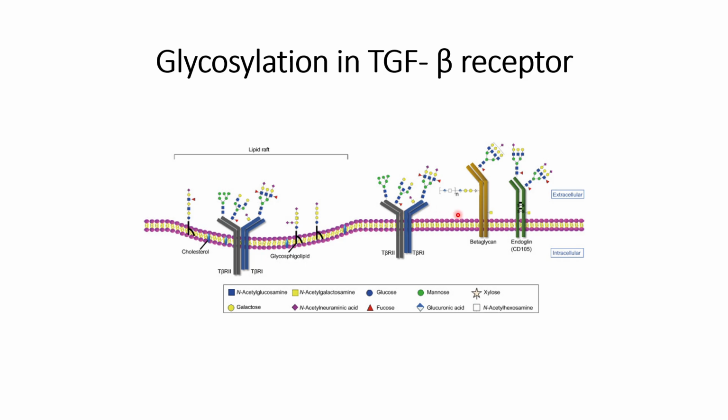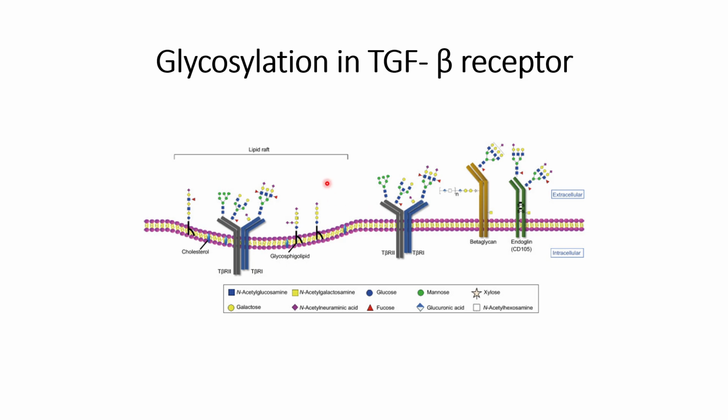In the case of glycosphingolipid, the glycan structures are directly attached to the cell membrane, and similarly in the case of cholesterol. So these are the glycosphingolipids; these carbohydrates are directly attached to the cell surface.